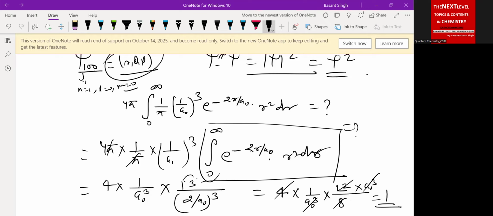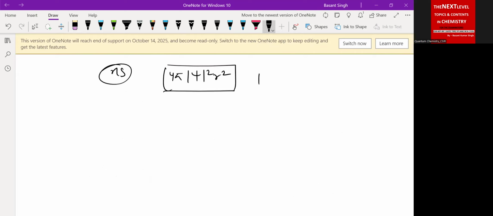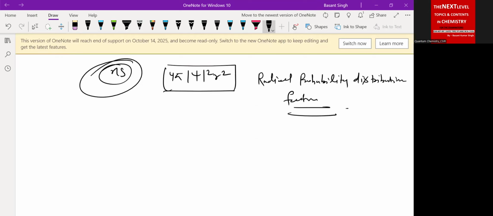Now again here we see that for ns function, 4 pi mod psi square r square is the radial probability distribution function. So for any ns state, this is the radial probability distribution function.